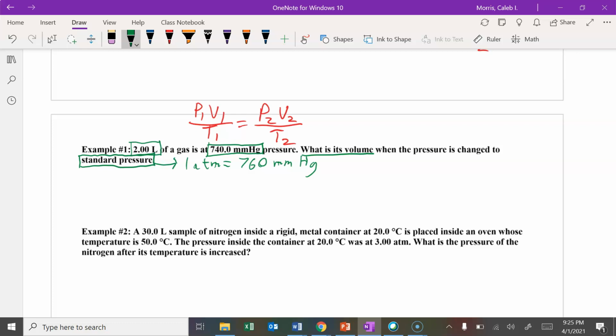We have an original pressure and a final pressure, so I have P1 and P2. I have a starting volume and I'm looking for my final volume. So the two things that are changing are pressure and volume. That means I'm going to get rid of the things that are constant, which in this case is temperature. I don't need the temperature factor. It's just P1 V1 equals P2 V2.